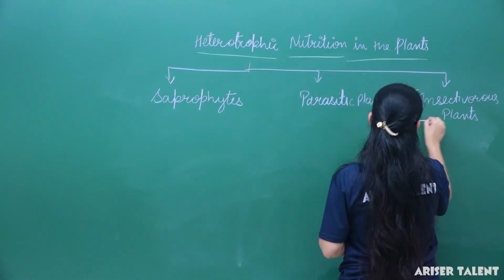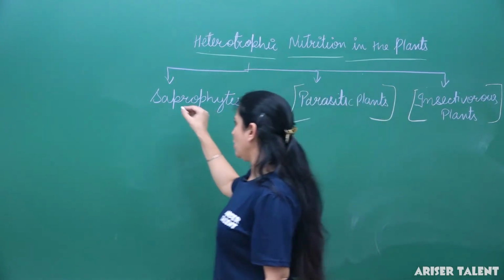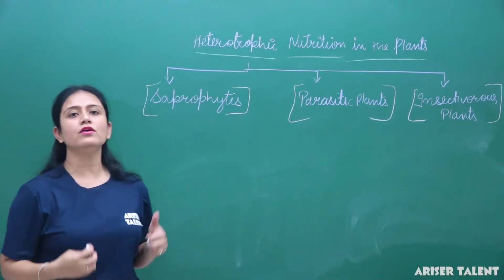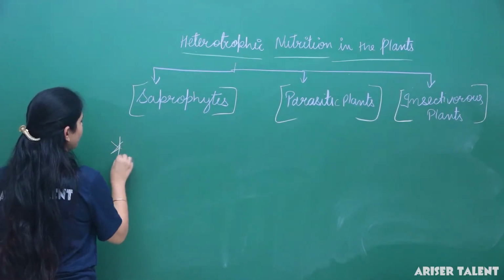So what are heterotrophs? Heterotrophs means the organisms which cannot synthesize their own food and depend on external sources for their food. Let me mention here what heterotrophs are.